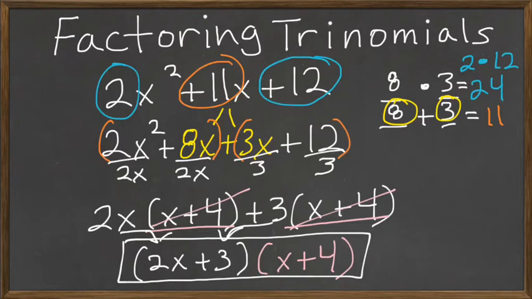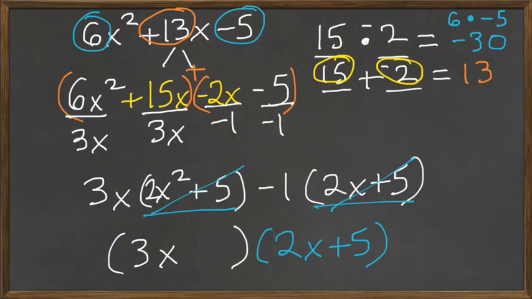Let's look at another example though. Here we have one already worked out. We have 6x squared plus 13x minus 5. And we can see the same steps here. We want to go ahead and multiply the 6 and the negative 5. And we get negative 30.